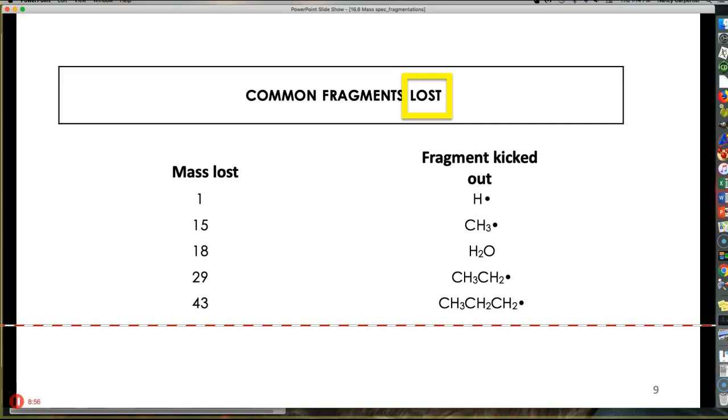If I can find my molecular ion and I see that there's a big peak at M-18, that's strong evidence that I have somehow or other lost a molecule of water, and so on and so forth. So these masses are typically, or quite common masses to see lost in a mass spectrum.